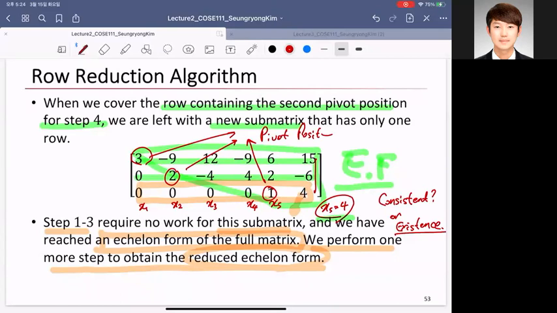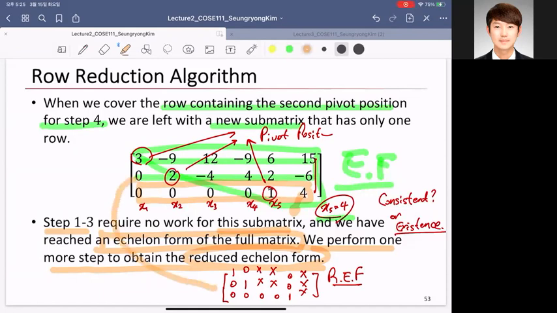Then we may guess our reduced echelon form should look like this: blah blah 0 1 0 0 blah blah. Right. So this is maybe the reduced echelon form of this original matrix, right?